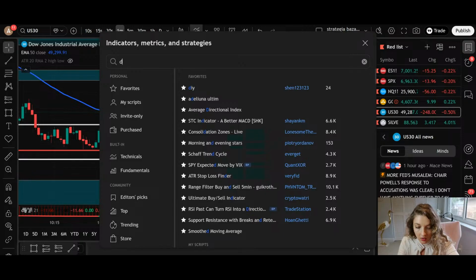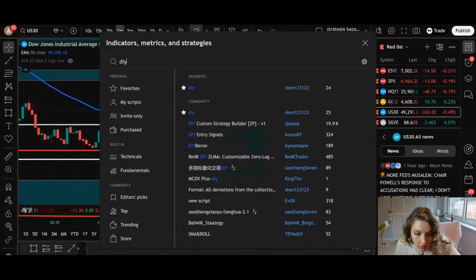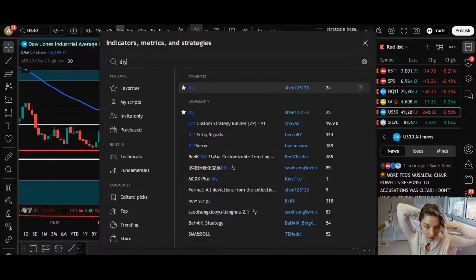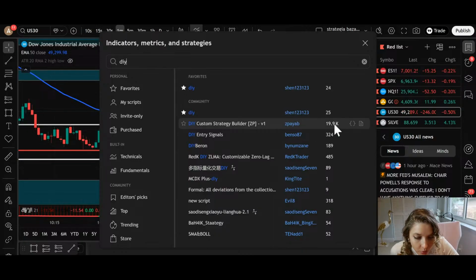It's DIY. This one only has 24 people that use it. We discovered it by mistake. He was telling me about another indicator that has 19.9K, but by mistake I put this one and I figured out I like it.